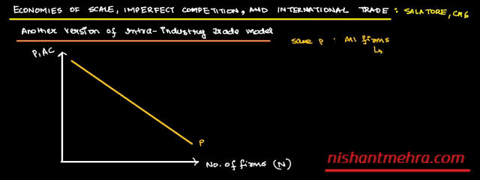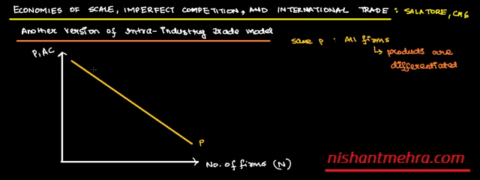This is in spite of the fact that products are a little differentiated. Products are differentiated, but still firms are facing the same price, right?